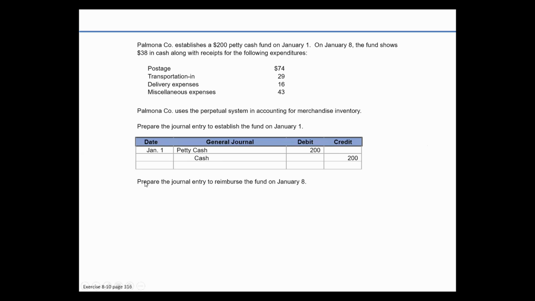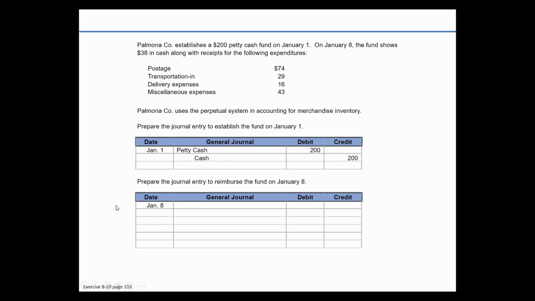And then to prepare the journal entries to reimburse it, we had 162 in expenses for the period of time, and we want to go ahead and reimburse that. So you just list postage expense 74 debit, merchandise inventory 29, and that is for the transportation in, delivery expense of 16, and then miscellaneous expenses of 43.